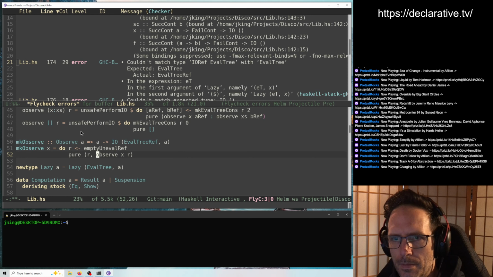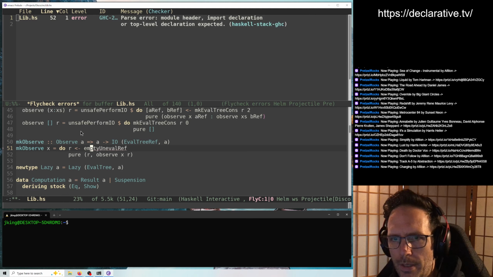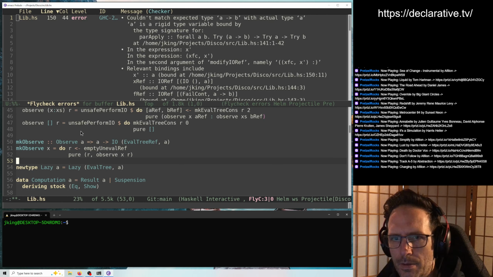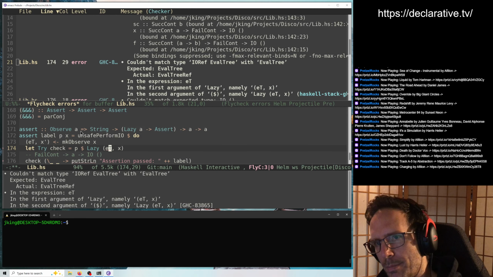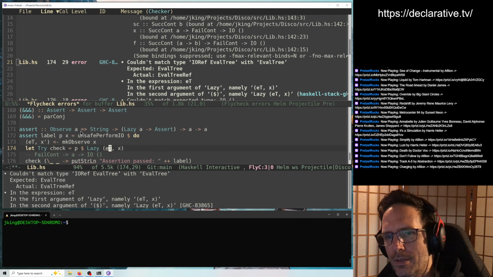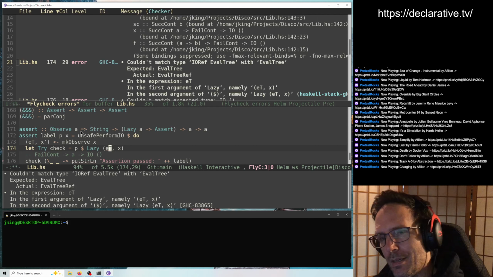Yeah. So that should be an IORef. Oh, right, we're back into the whole lazy is expecting an eval tree, and we have an eval tree ref. So that's probably got to be what's missing there.